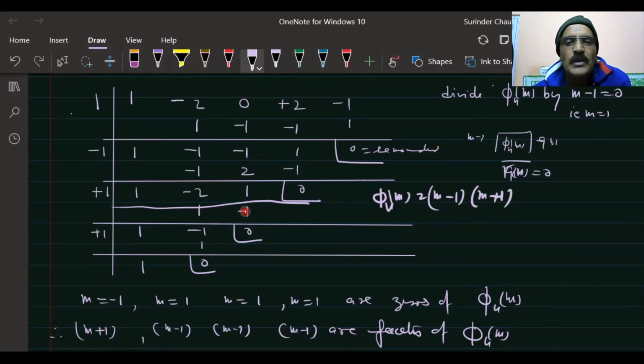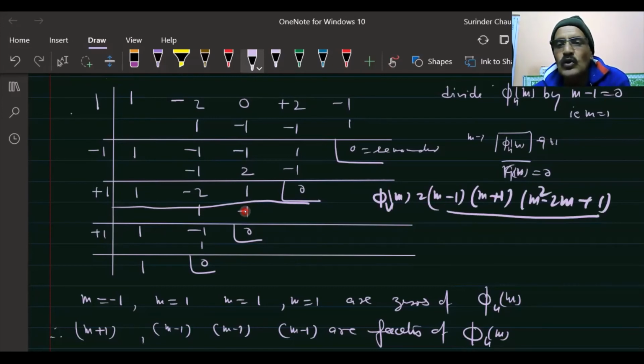This is m squared minus 2m plus 1, is equal to this factor, this factor is of this. So this was 0. So m comes out to m is equal to 1, from this factor, and this factor m is equal to minus 1.